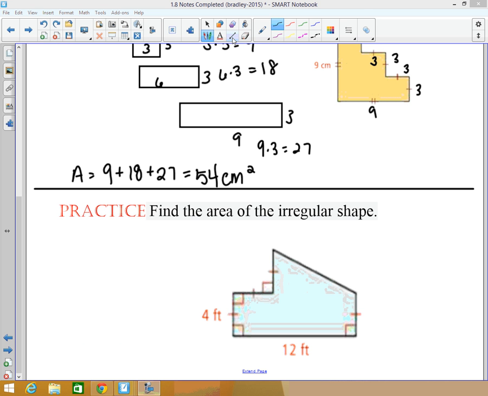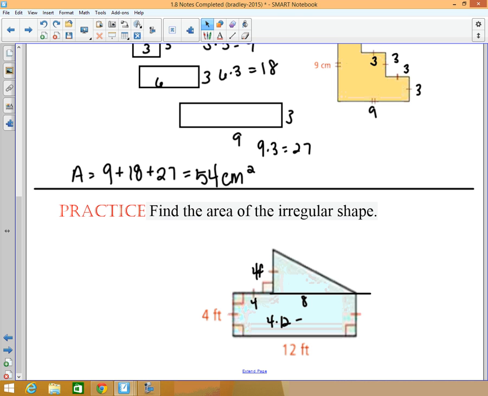For the last example, I'm going to break it into a triangle and a rectangle, and I'm going to use my congruence markings. This one is 4, so that makes this one 4 right here. And this is 12, but it's going to be 12 minus 4, so that makes this 8 right here. So this rectangle is 4 times 12, which gives us 48 feet squared.